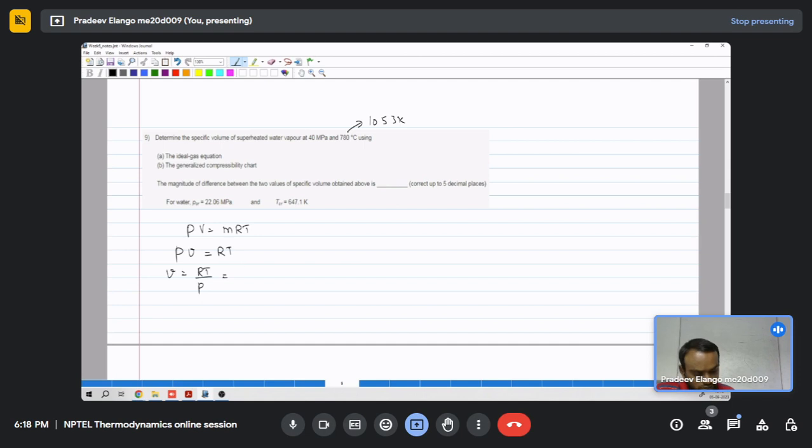So R, this is for the water vapor, so R for H2O is R bar by the molecular weight of H2O, and that is 8314 divided by the molecular weight of H2O, which is 16 plus 2, that is 18. So now we have 8314 by 18 into temperature 1053, and pressure is 40 megapascal, so in SI units we have 40 into 10 power 6.